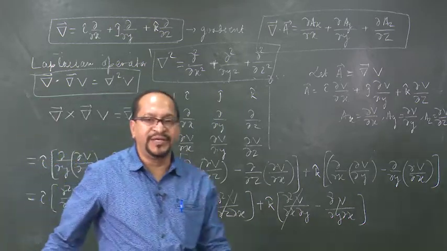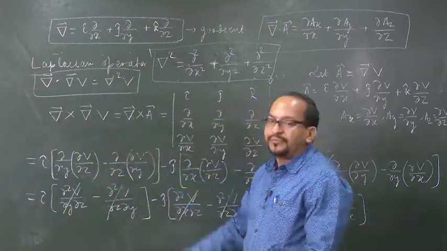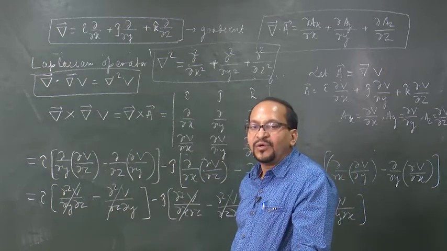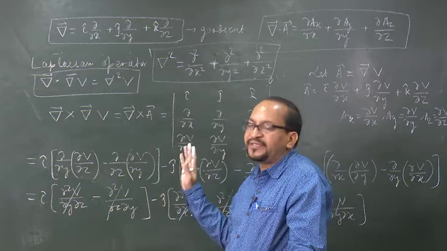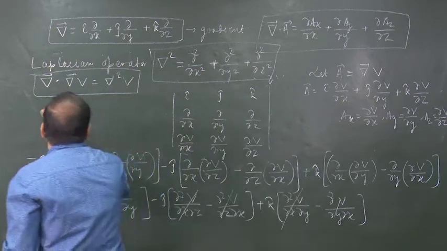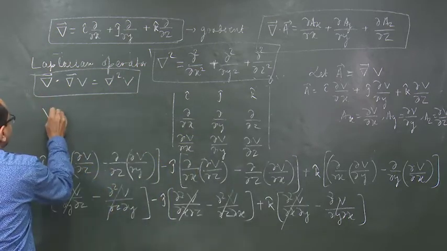This is a very important property of this double operation, that the curl of the gradient of a scalar quantity is always 0. So we have two double operations here.